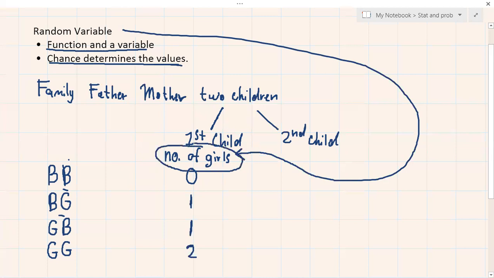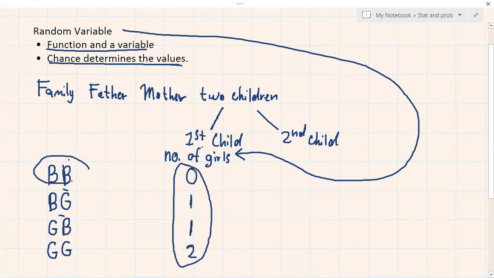Si random variable, siya yung consist of values that are determined by chance or possible outcomes. Siya yung nagbibigay ng list of values pero depende sa variable and sa outcome mismo. So yung variable dito is that we're talking about number of girls.